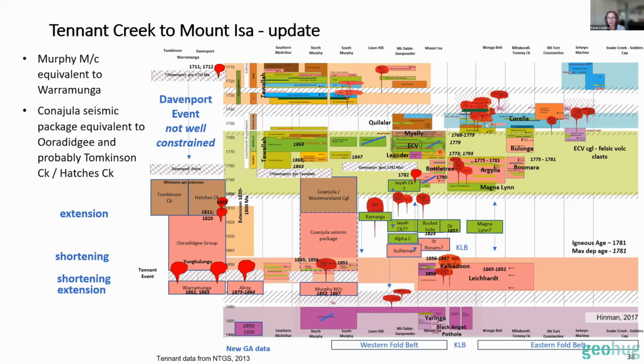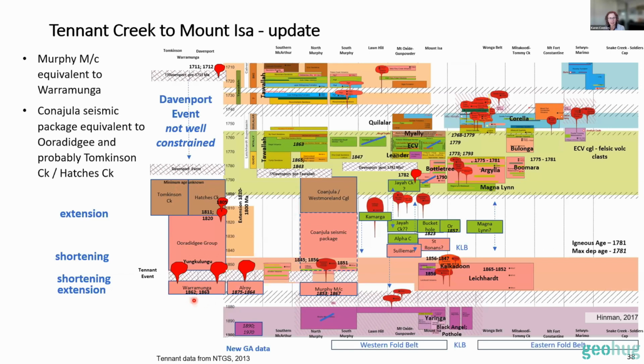Whereas all the sediments interbedded with that Haslingden group have detrital zircons from 1768 to 1780 dominantly, and a little bit older. So clearly those units are younger, and with that deformation through here, my current interpretation would be that the Davenport event is a bit older and Tomkinson Creek is older.